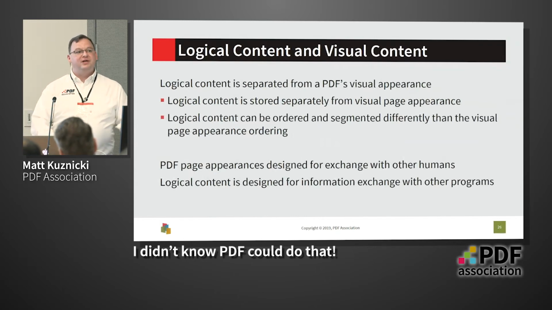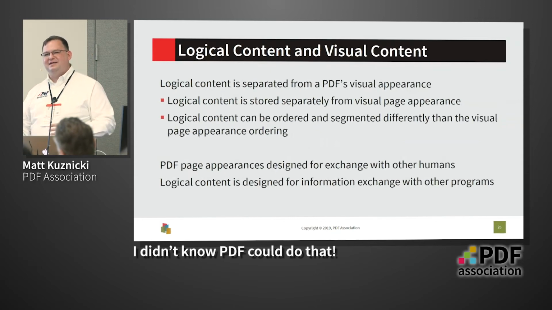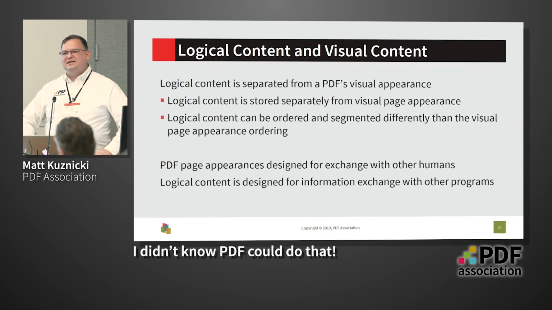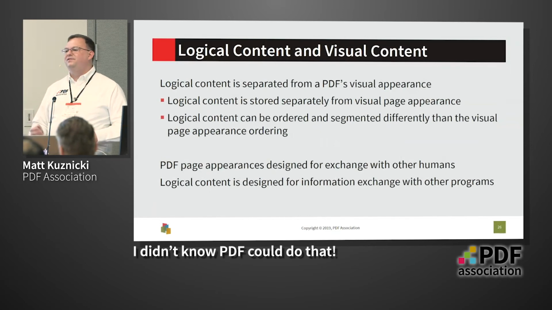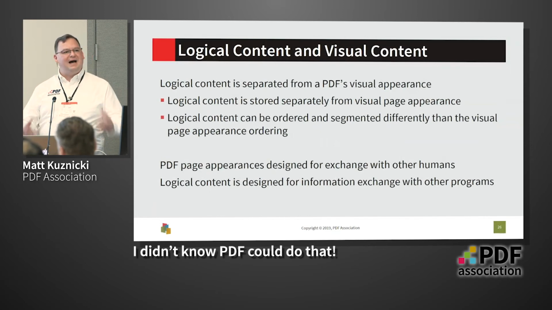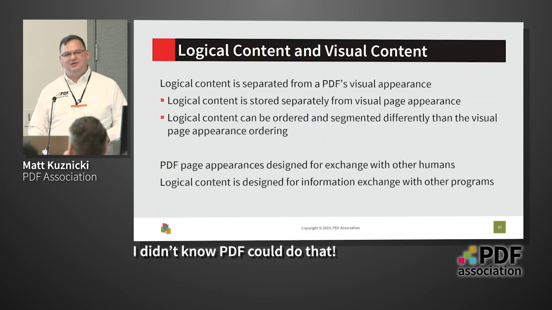It can be ordered differently than visual ordering. It can have different semantics and content extraction as is best for a given workflow. So PDF pages, their visual appearance, is designed for exchange with other humans. Logical content is designed for computers to speak together in their own native languages.